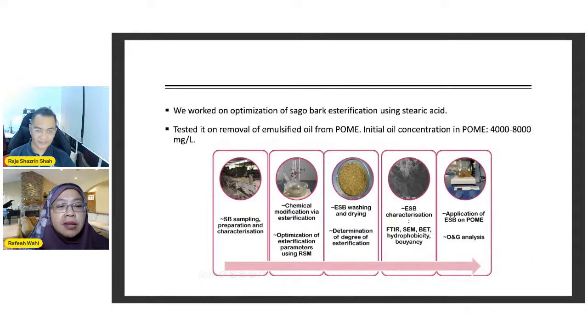We tried many, but in Sarawak we have a relevant problem with sago bark from sago flour processing mills. So we collect them from the sago flour processing mill and wash them. After we wash them, we do chemical modification, where we add fatty acid derivatives, like I mentioned just now, stearic acid in this case.